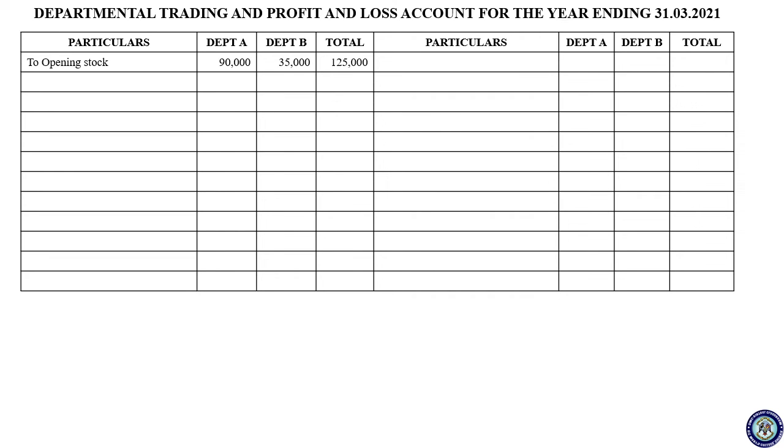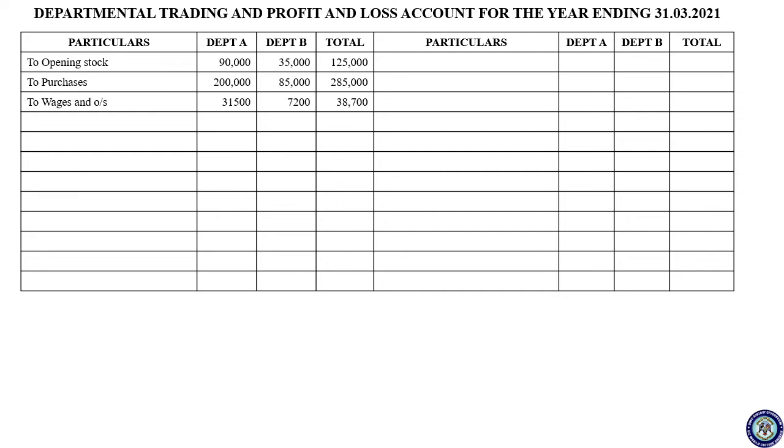After opening stock, they have given purchases. You have to take only the trading items. The next trading item is purchases, and they have given the apportionment, 2,85,000. After purchases, they have given wages.